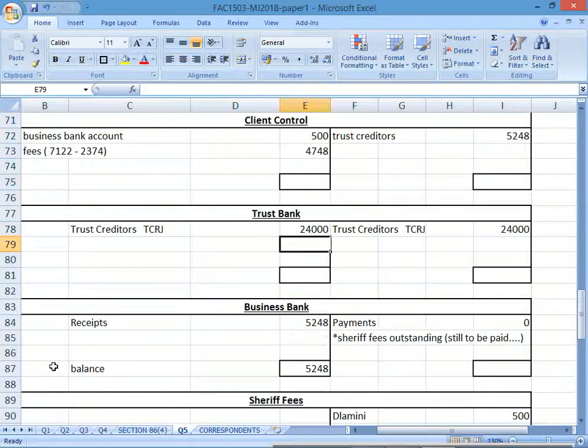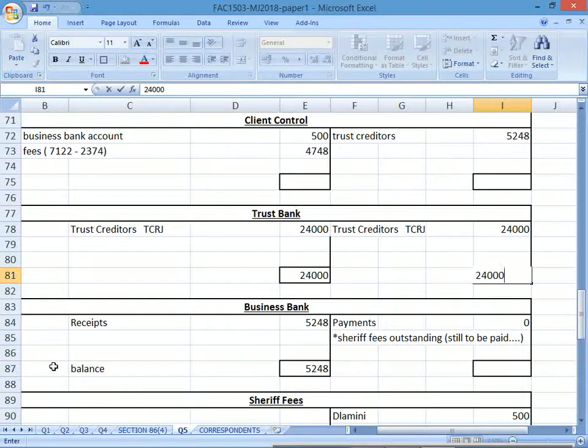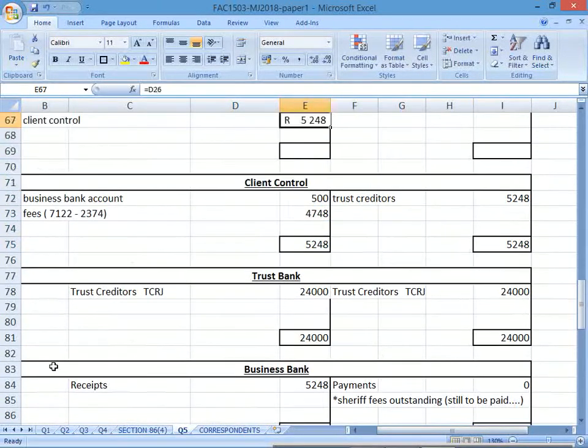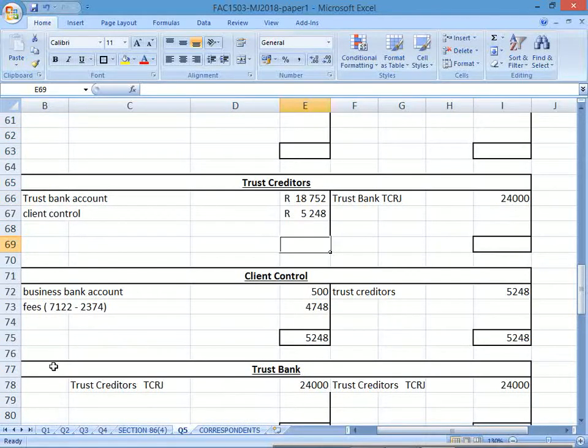Trust bank account would have worked itself out. This one worked itself out. This plus that. This one also worked itself out. So no balance there.